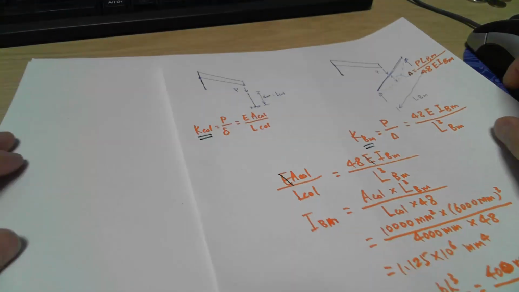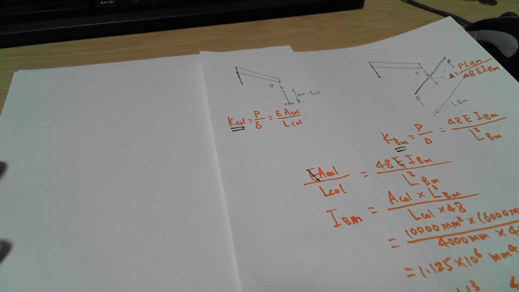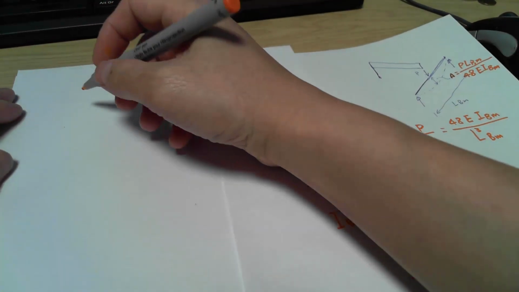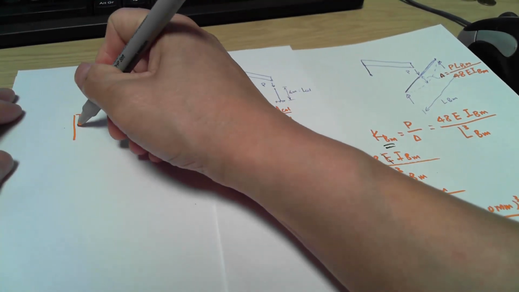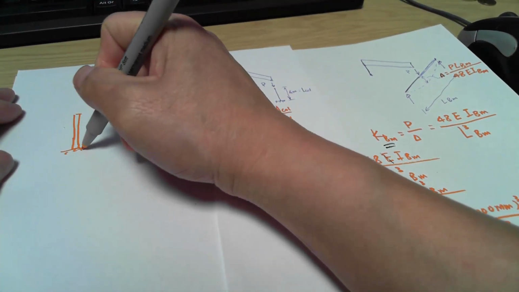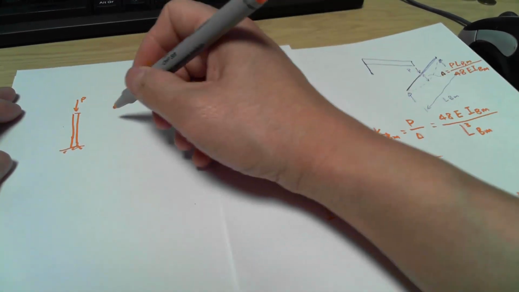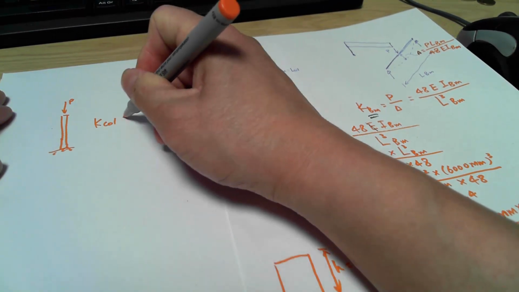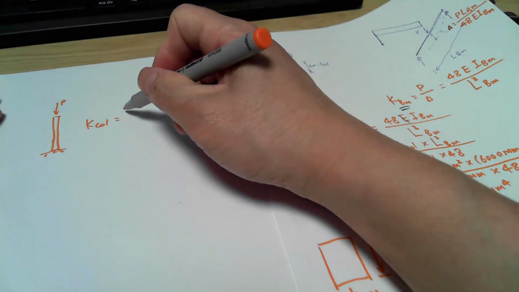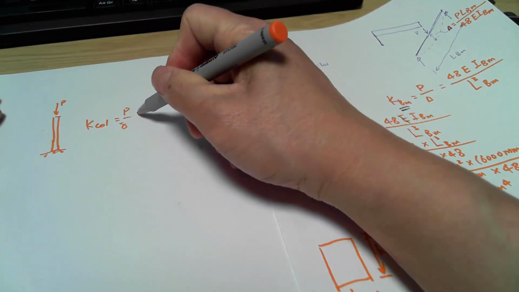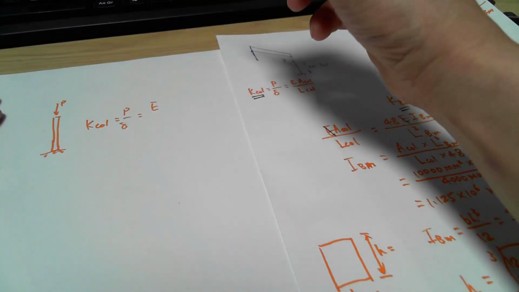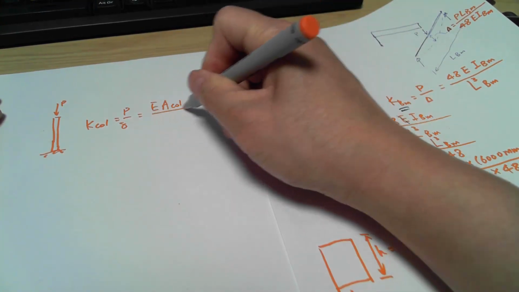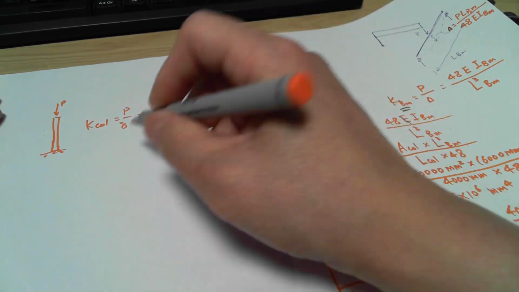So I put this aside here and try to figure out how we can get the spring stiffness from here. As we set this column 4 meters high with a P loading here, the K column, the stiffness of the column, should equal P over delta, and should equal E times A of the column divided by L of the column.